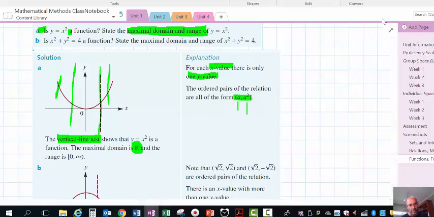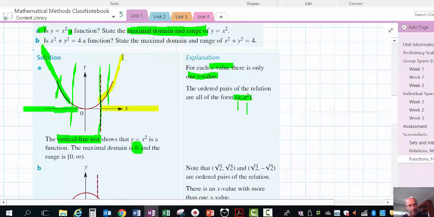So the range, if the domain is all real numbers, in other words, you could plot this function forever to the left, and it would extend out like that, and you could also plot it forever for any value you like in the positive direction. It would just keep going.